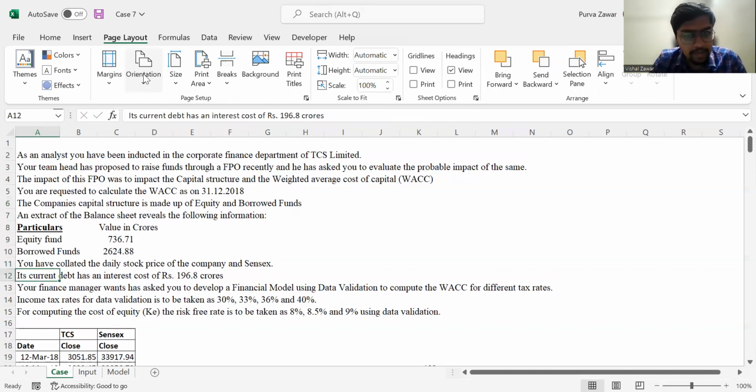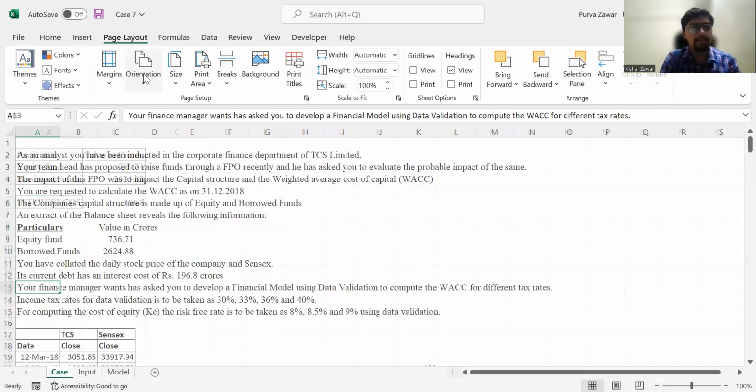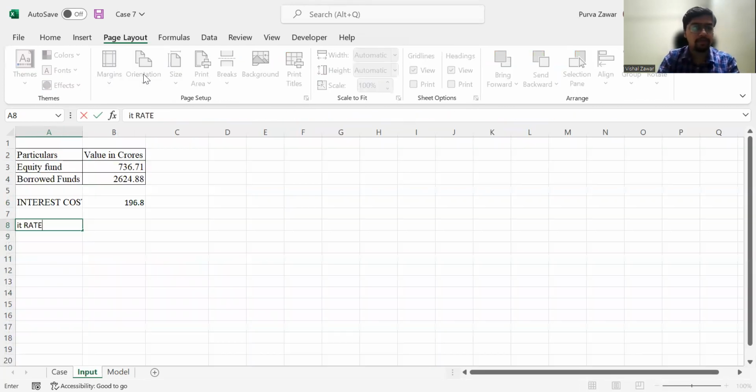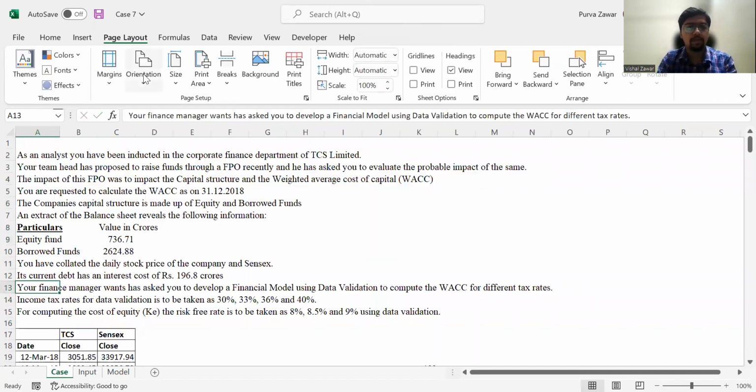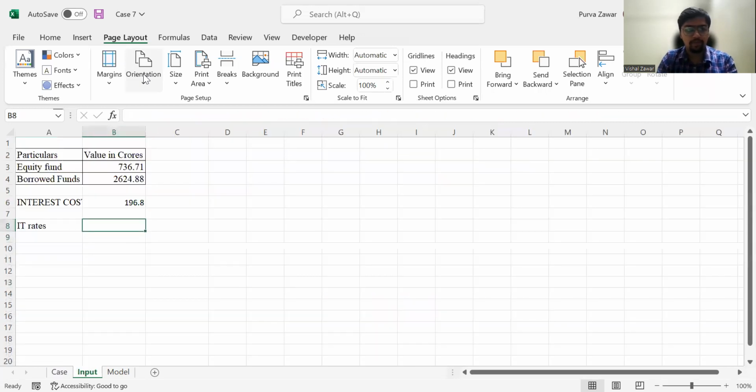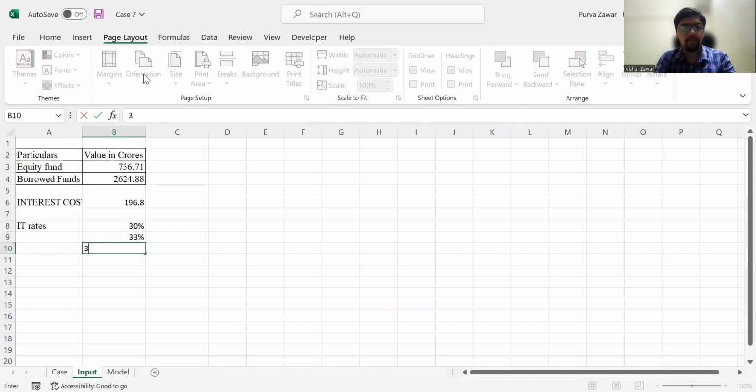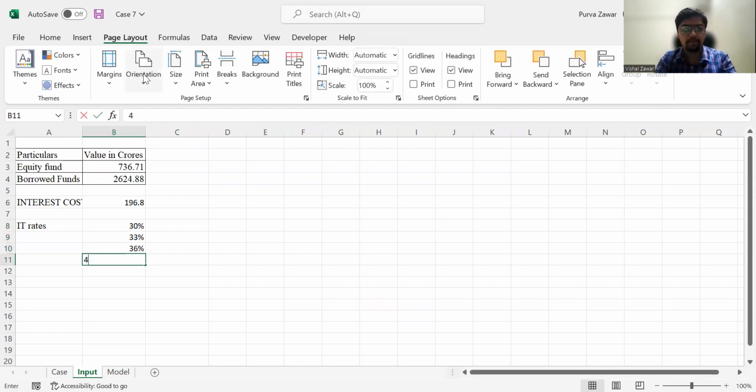Then you have income tax rates, IT rates: 30%, 33%, 36%, and 40%.